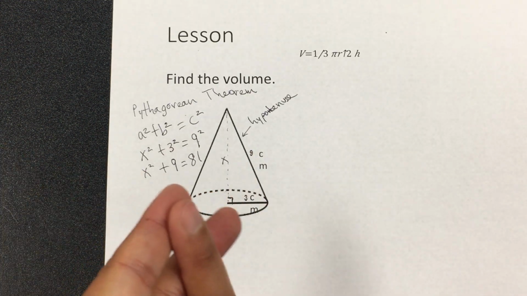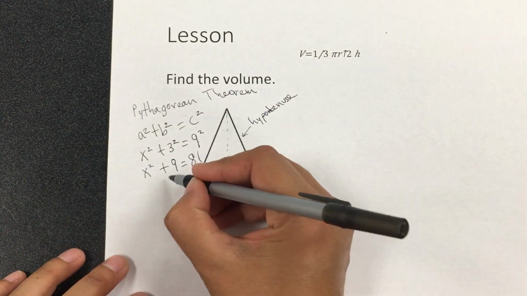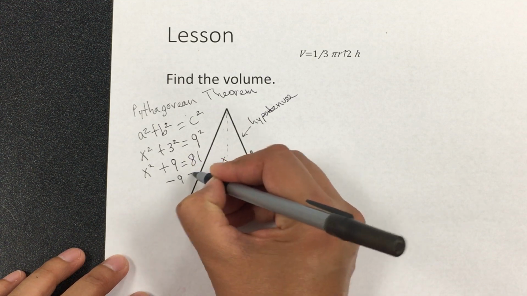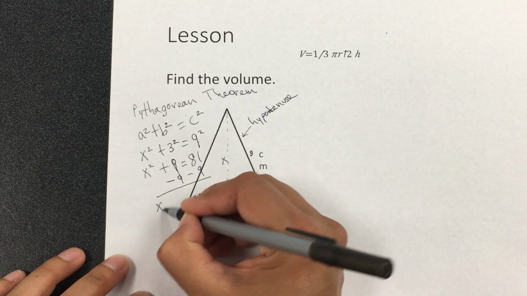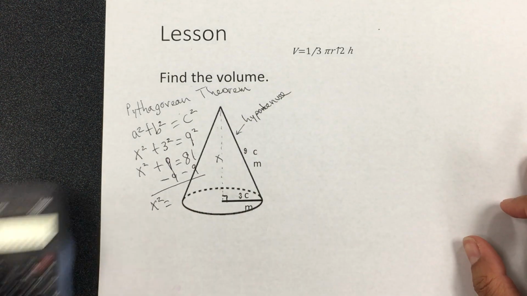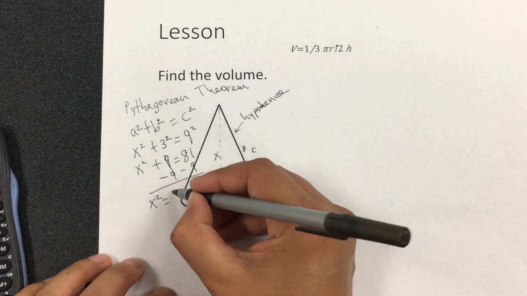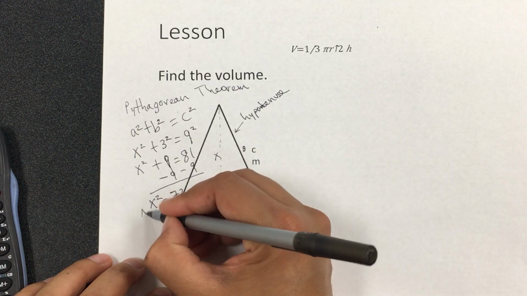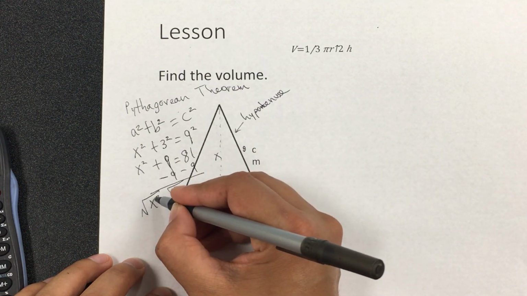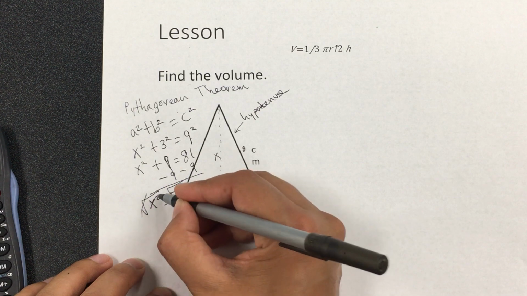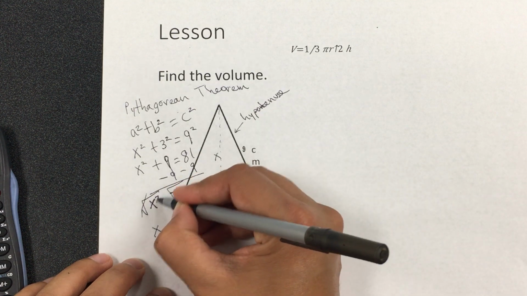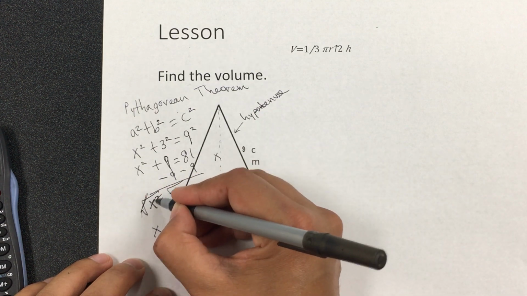And so in here, you have to look, how can I leave x by itself? Do I have to add or do I have to subtract? And so in here, I notice that I'm adding 9, so I'm going to subtract 9. So x squared is equal to, well, 81 minus 9 is 72. I take the square root of both sides because we cannot have x squared. We need x by itself, and the square is canceled by the square root.